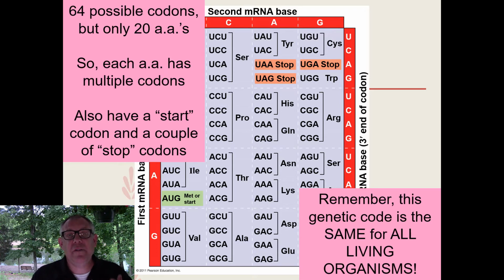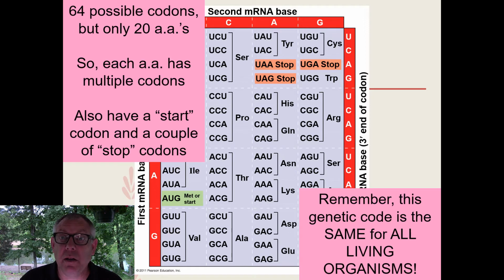But what's really fascinating is that this is the same for every living organism. And so I'm a fish guy. I didn't have to learn a special alphabet or a special code for fish. And if you're a fern person, you wouldn't have to learn a special code. It's the same for every living thing.